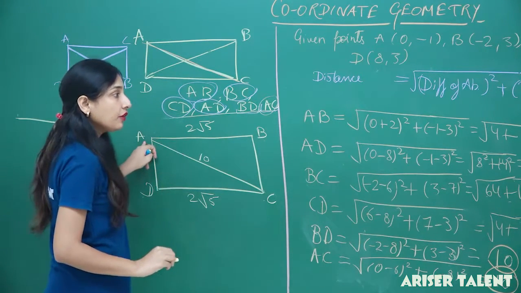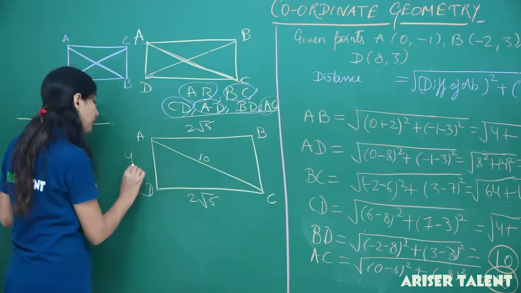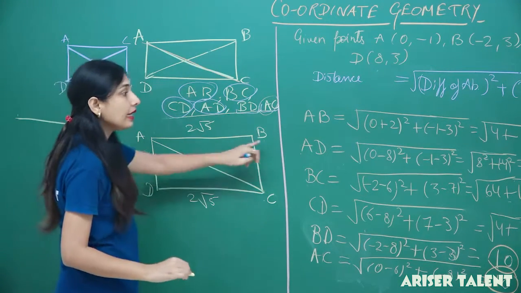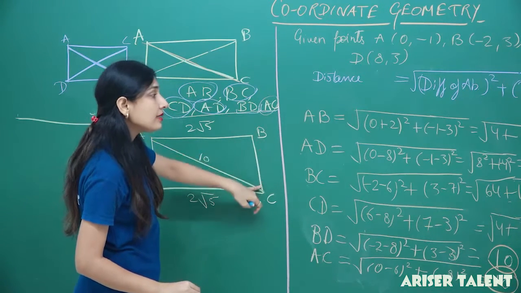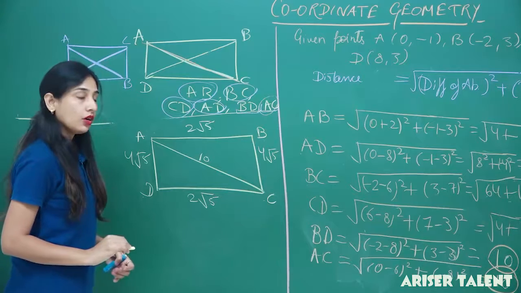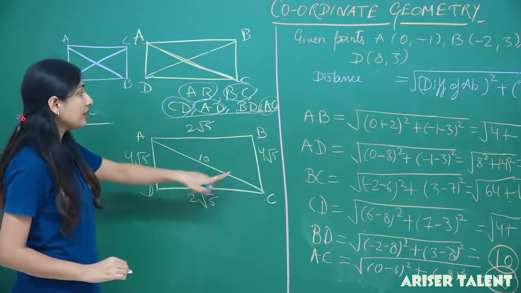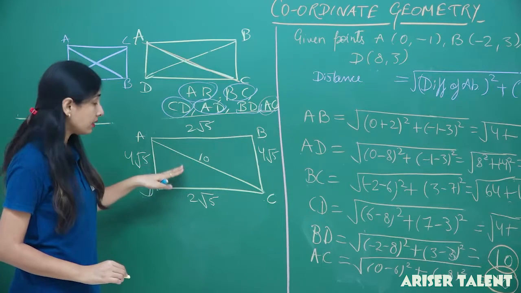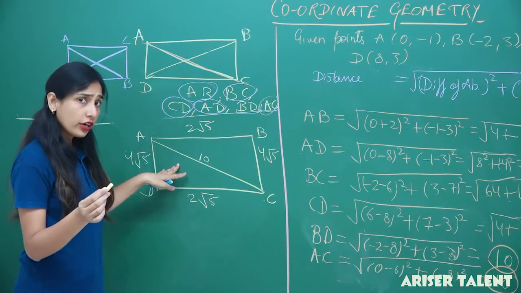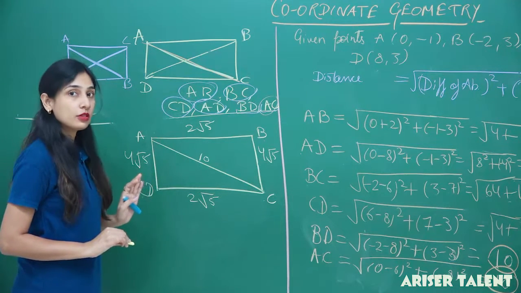And we found that the value of AD is 4 root 5, and similarly the value of BC is 4 root 5. So opposite sides are equal, which is only possible if it's a parallelogram.